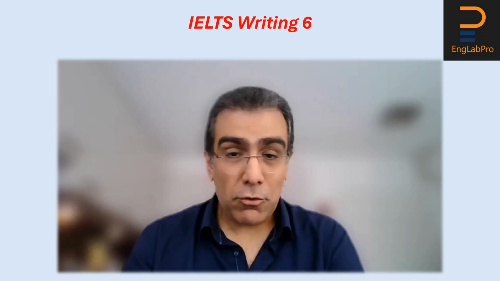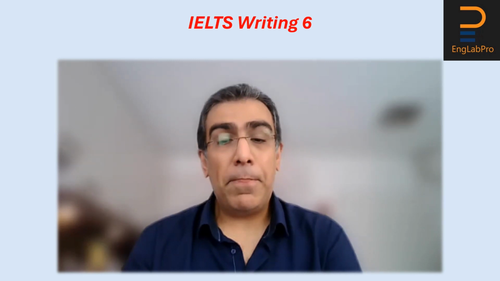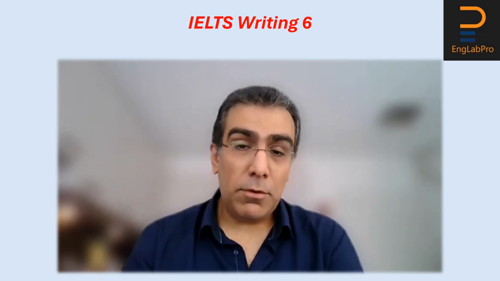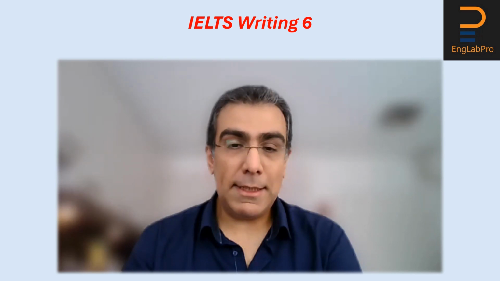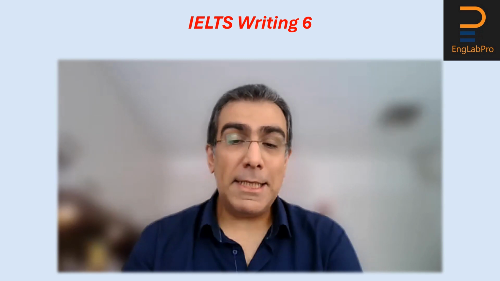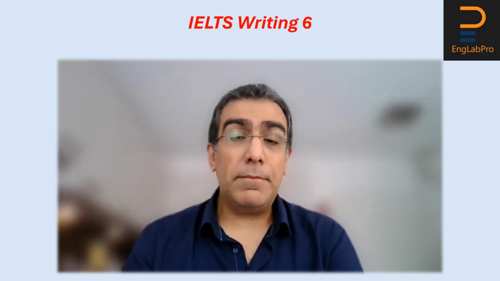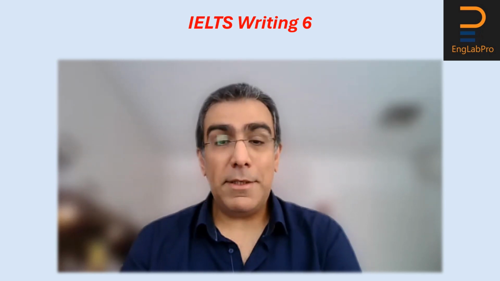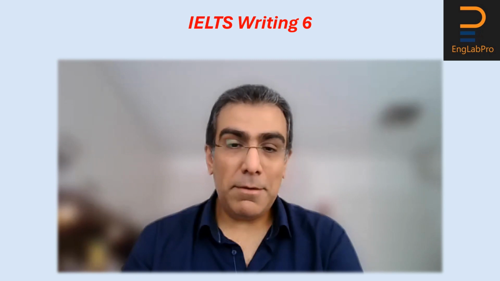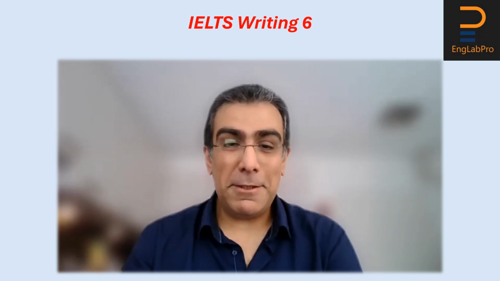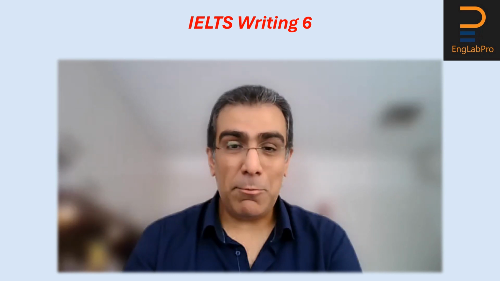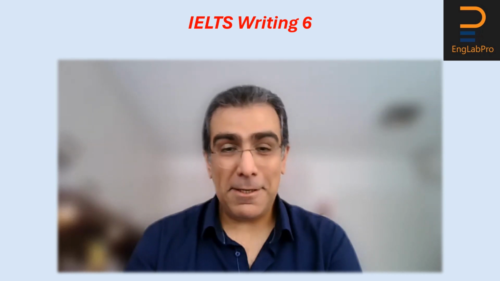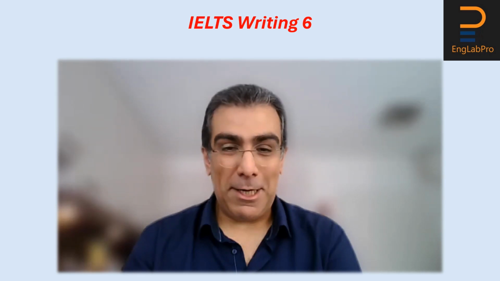You should brainstorm your ideas. You should jot down the ideas that come to your mind, and then you should choose which one is easier to go. I mean, is it easier to agree, or is it easier to disagree? This is very, very important. Sometimes maybe you disagree with something, but it is easier to write it when you agree with it. So you have to choose which one is easier. We want to get a better score in this test, so you should be wise.